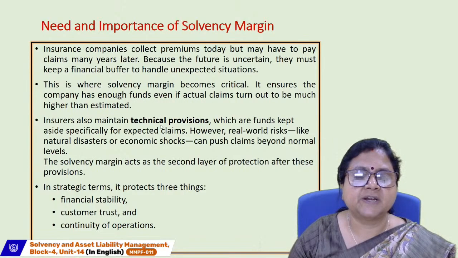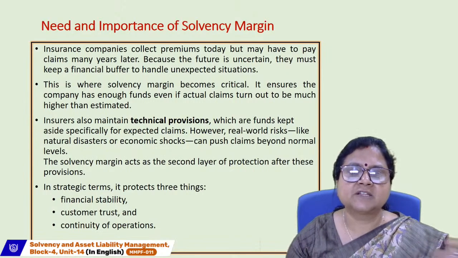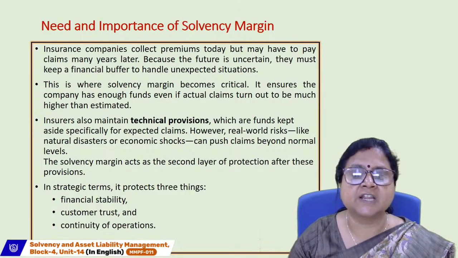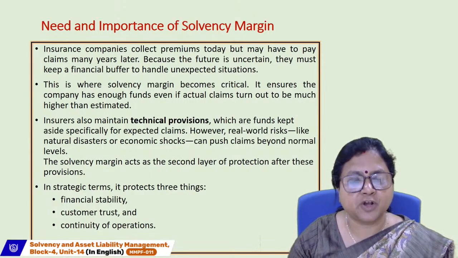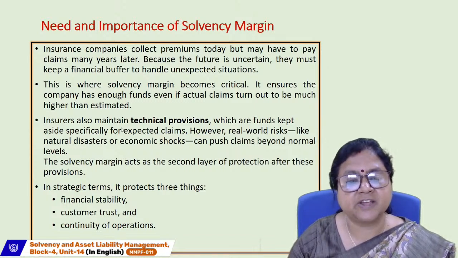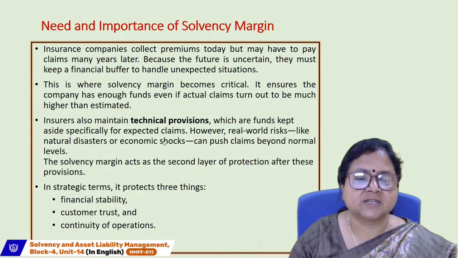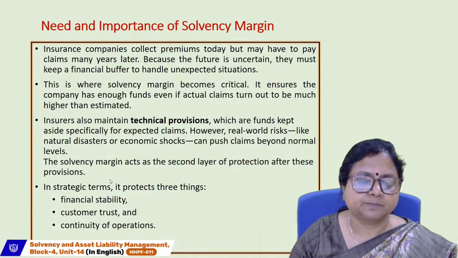Insurers also maintain technical provisions, which are funds kept aside specially for expected claims. So insurers can have sinking fund accounts where they keep some amount of money for a period of time, like it is done in recurring deposits, RD, and they can withdraw the funds when required. However, real world risks like natural disasters or economic shocks can push the claims beyond normal levels.